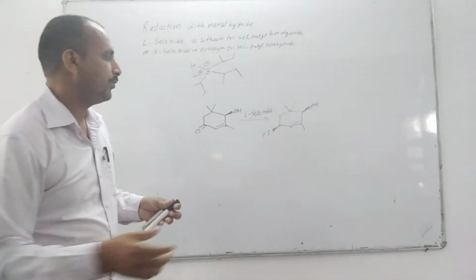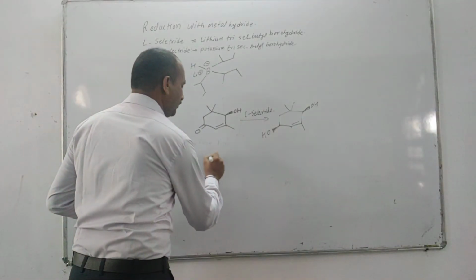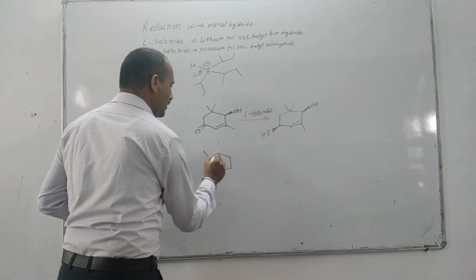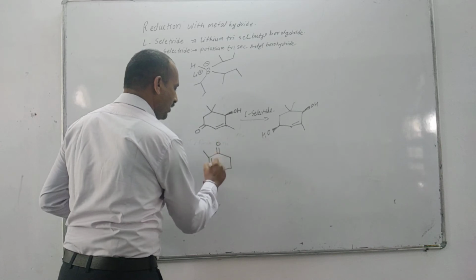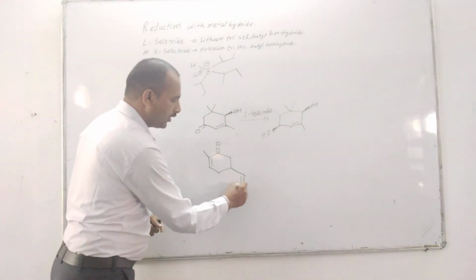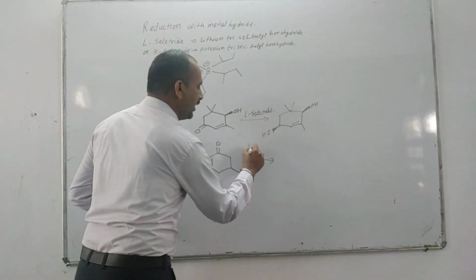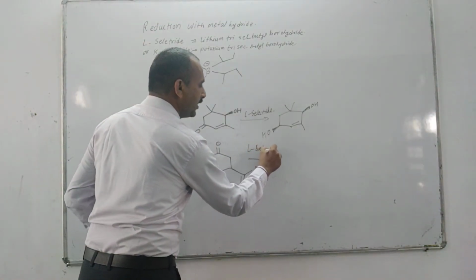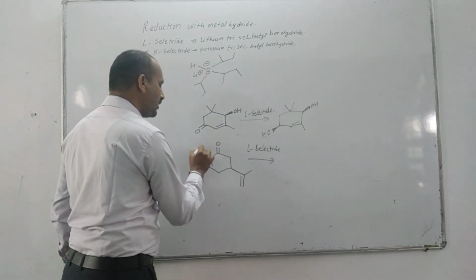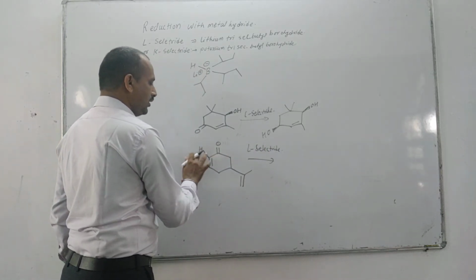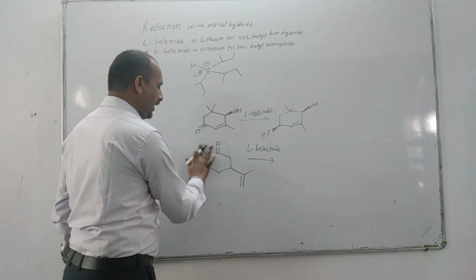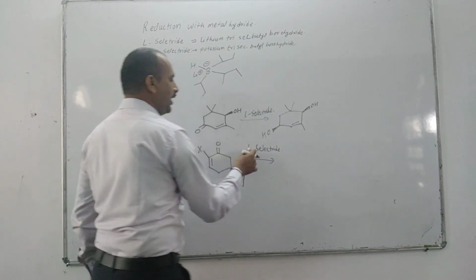Then another example, here is a carbonyl double bond. Now L-selectride. Now if here is hydrogen, we write here as R group, X group, and then L-selectride.